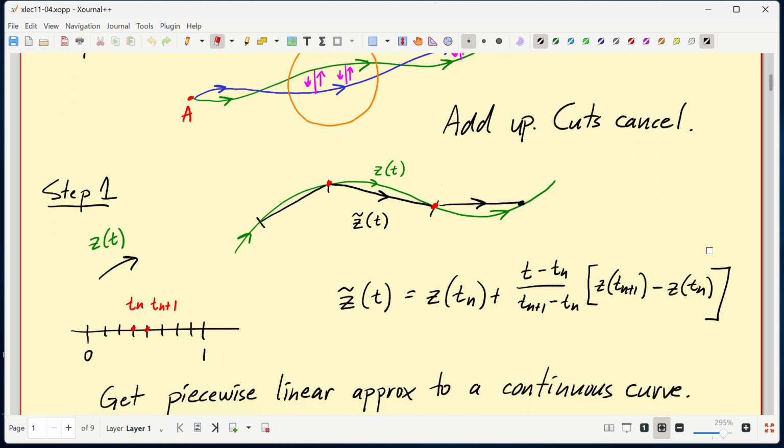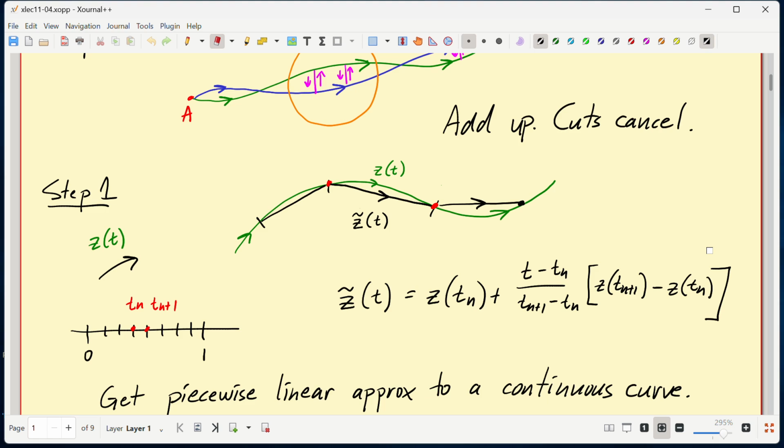So I've got a z of t mapping an interval from 0 to 1 into that curve. I'm going to get a z twiddle of t that's piecewise C1 and close to it. Okay, and so on the interval from Tn to Tn plus 1, that's a linear function that connects the z of Tn at Tn to the other end, which is the z of Tn plus 1 at Tn plus 1.